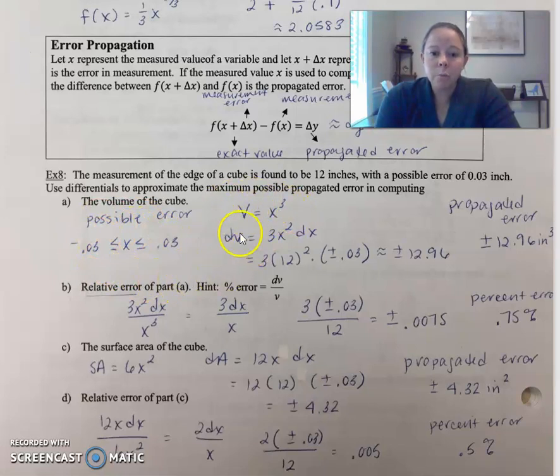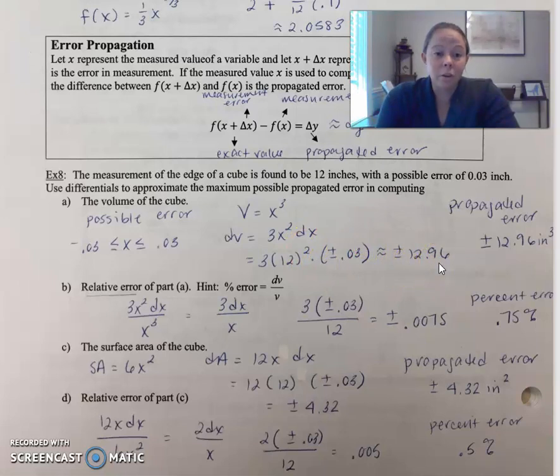I did the derivative, and here's where I'm going to use this formula. I wrote it as a differential, dV equals, and I'm going to replace that dx with my 0.03, and it could go either direction. When you multiply, you have your 3x squared, so 3 times 12 squared times your dx. You get plus or minus 12.96.